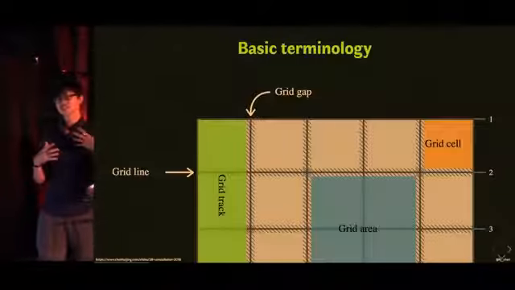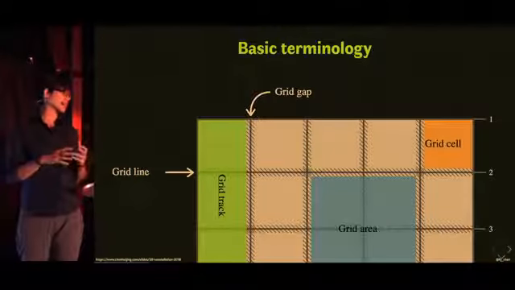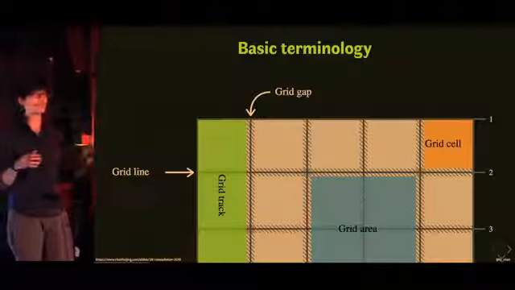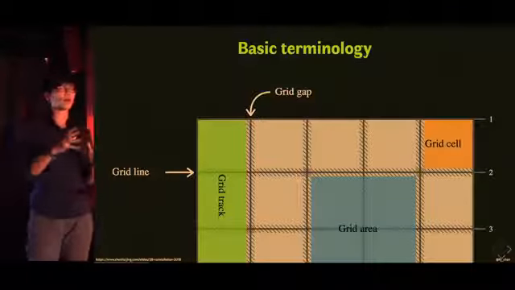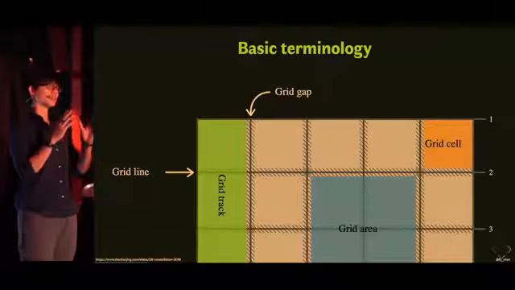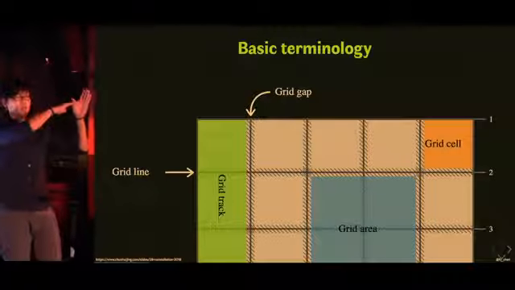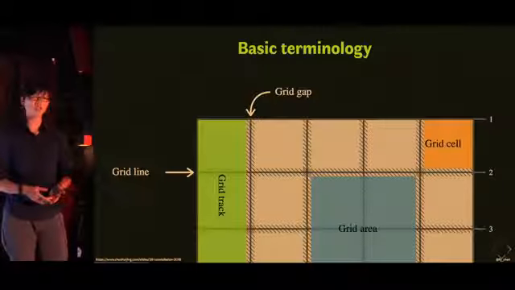So here's just some basic terminology that I will be referring to throughout the talk. Basically, what you have are grid lines that we use to specify exactly where we want our content to go. The spaces between these grid lines are known as grid tracks, so they can be grid rows or they can be grid columns, depending on your direction.